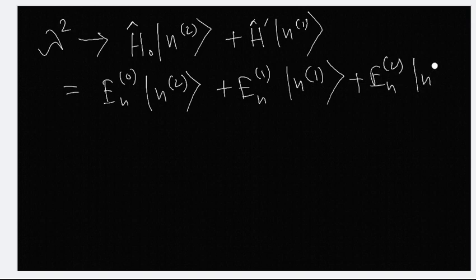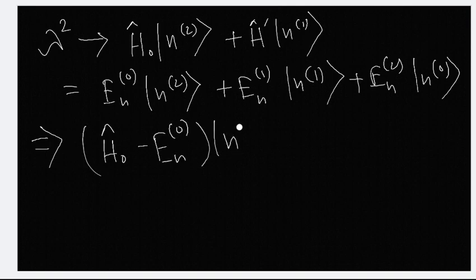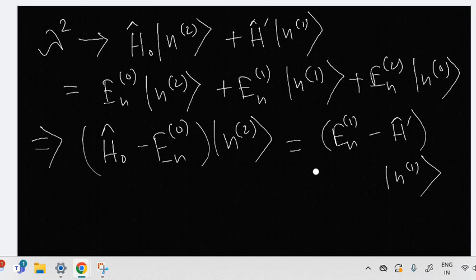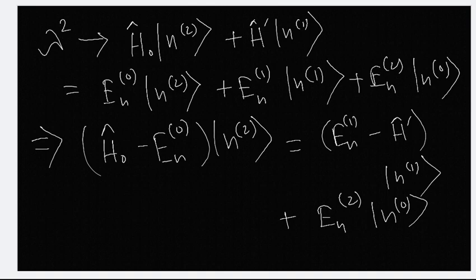And you can rearrange those terms: H naught minus E n naught over n2 equals E n1 minus H prime of n1, then you have E n2 of n0. This is from collecting the coefficient of lambda square.